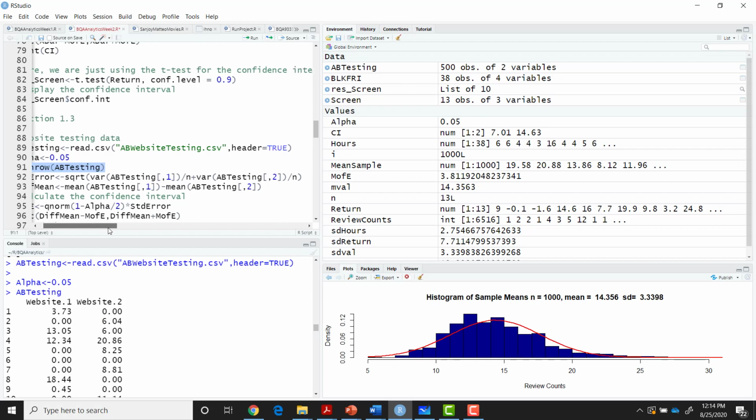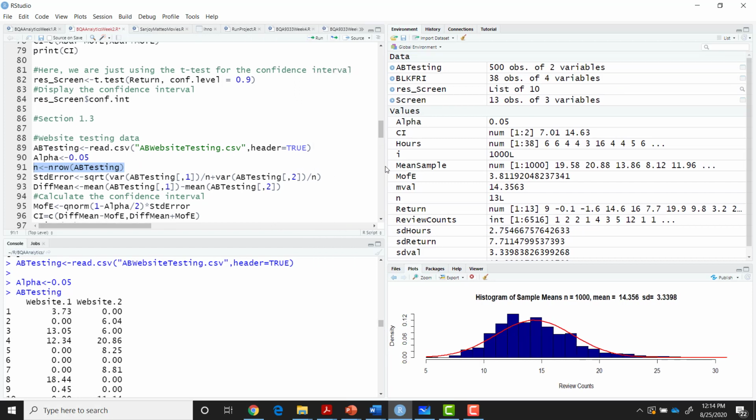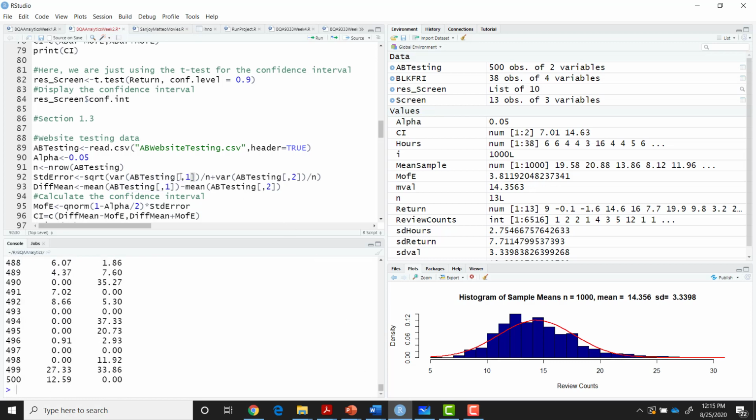Now, we're going to calculate the standard error. So there is the variance, the sigma squared. And remember, we did it for group 1 and group 2. This bracket notation, which I'll mention again next week, works like this: before the comma is the rows. We're not specifying, so we're taking every row and the first column.